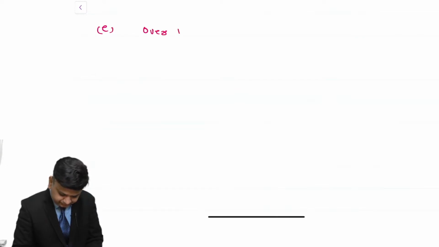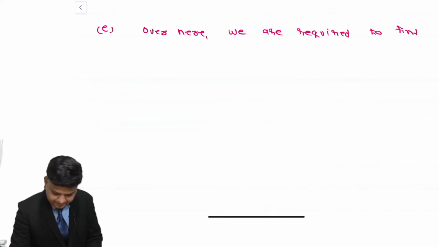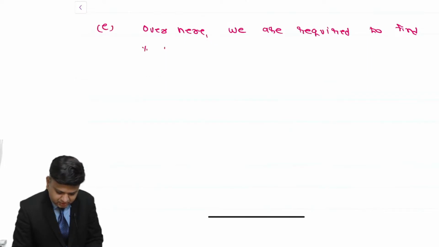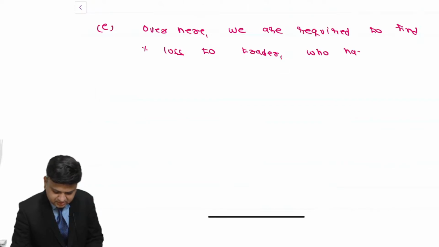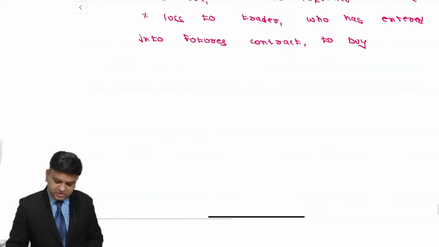Over here, we are required to find percentage loss to trader, comma, who has entered into futures contract, comma, to buy security.